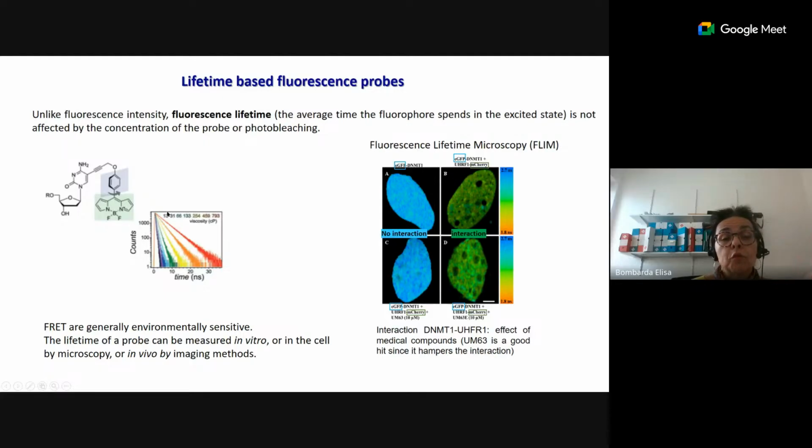If you follow the color code, that is the viscosity scale in centipoise, and that is the fluorescence lifetime. The flatter the decay, the longer the lifetime. Here we are in the logarithmic scale, so that's why it's linear. As we said, the decay is normally exponential, and in the logarithmic scale you get a line.